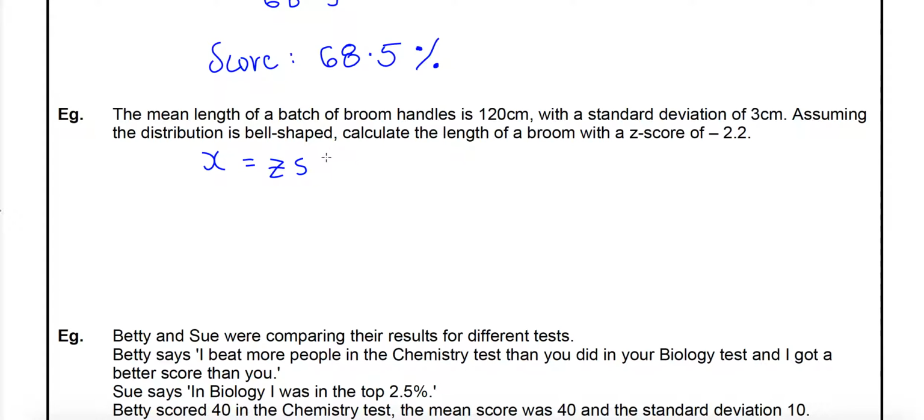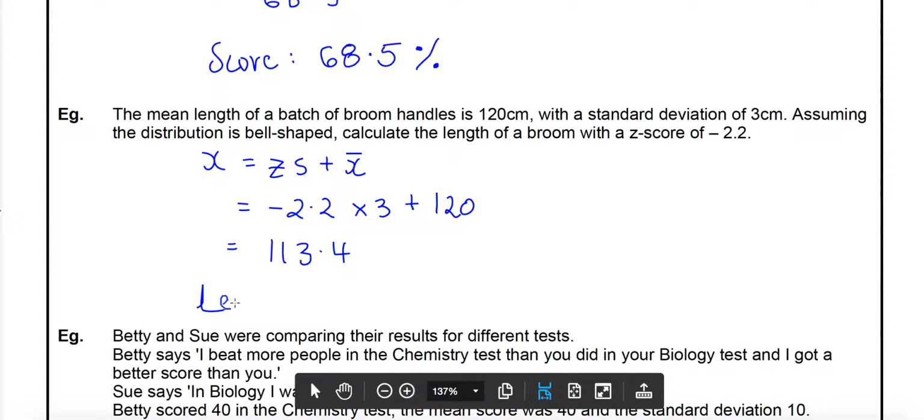X is ZS plus the mean, therefore negative 2.2 times 3 plus the mean of 120. And we say we get 113.4, therefore the length, and that was measured in centimetres.